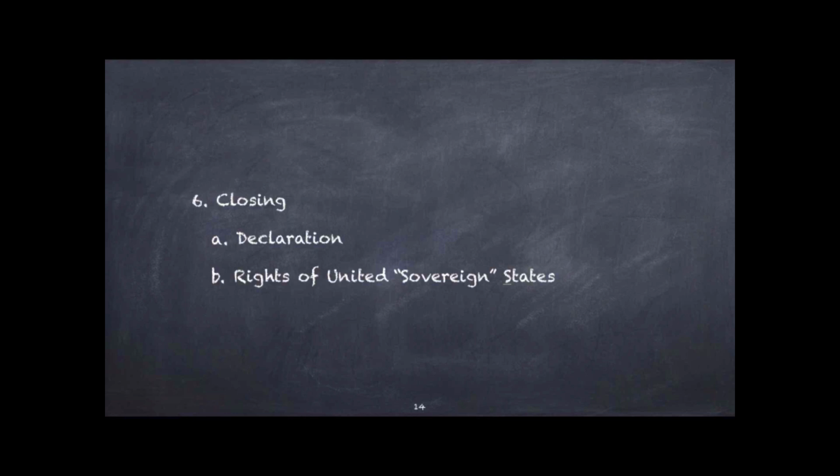The closing statements, we have a declaration in it and the rights of United Sovereign States. Notice it's capital S again. This is the structure of the closing. All right, because the king has not fulfilled his promise in securing the people's rights, again, big R rights, they have chosen to abolish the government.